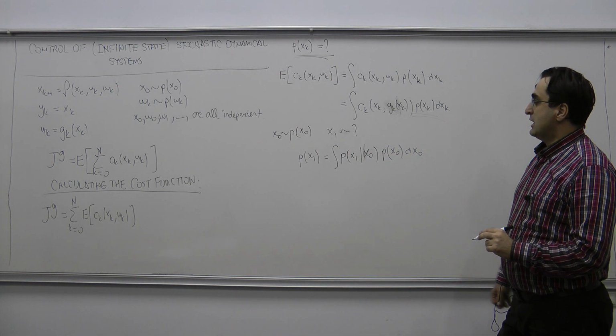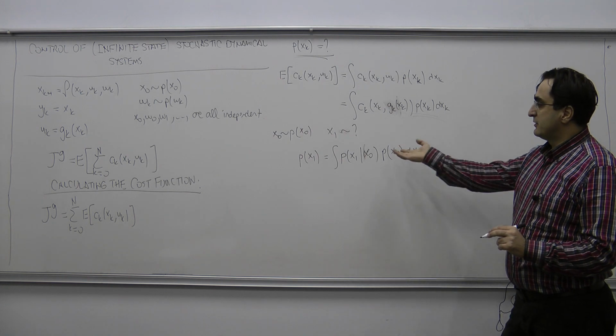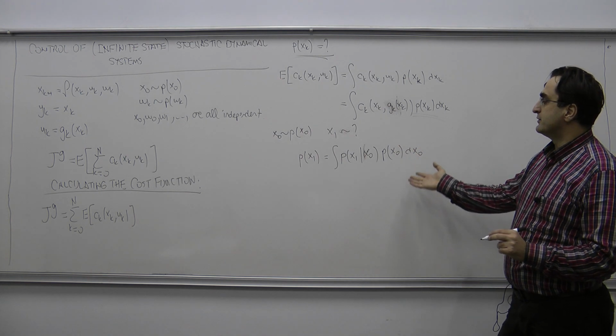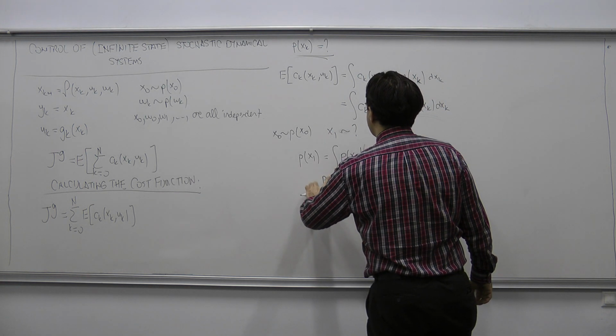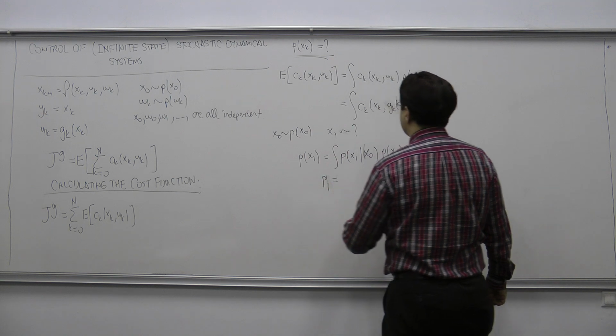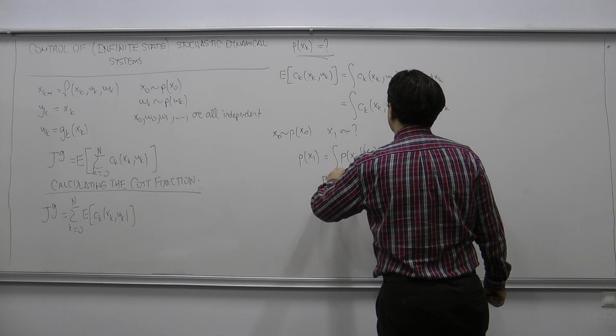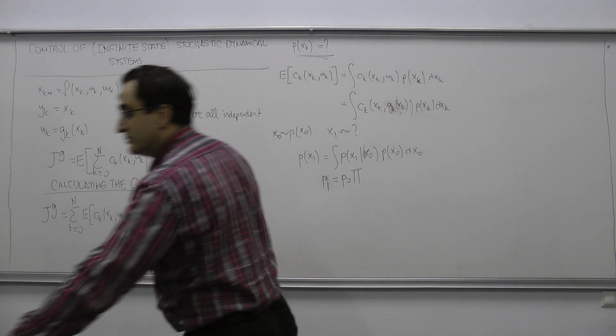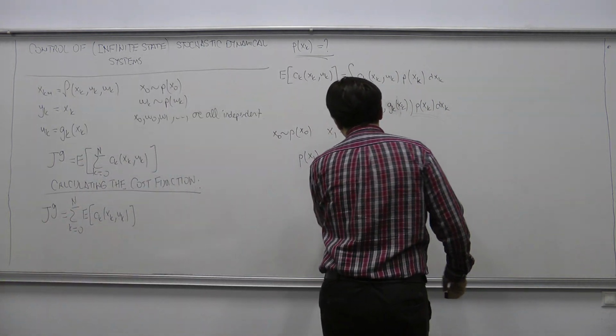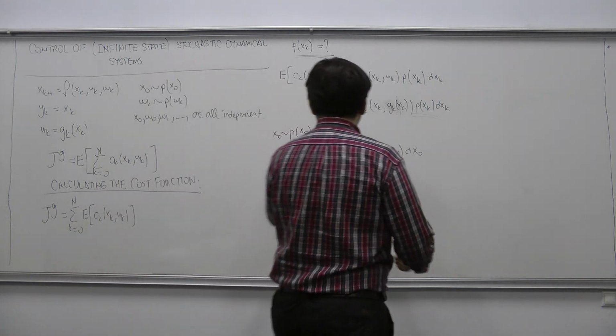Okay? This formula is the continuous equivalent of the formula P1 in the case of a Markov chain. P1 is equal to P0 times the transition probability matrix.